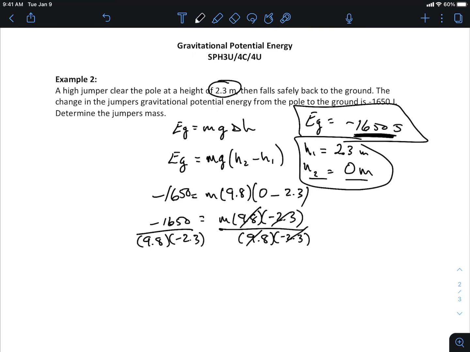That'll cancel, cancel, cancel. M equals whatever this is. It'd be negative 1650 divided by negative 23.13.